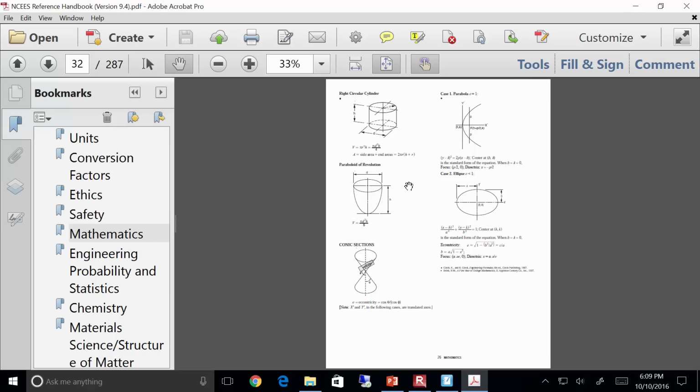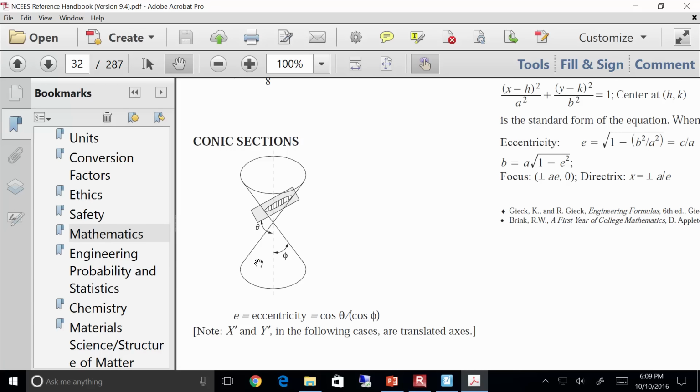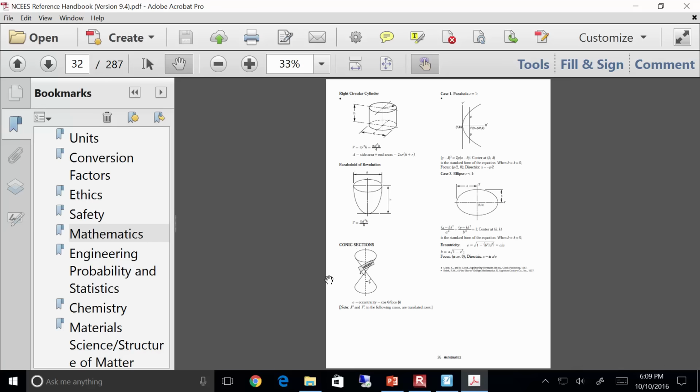Conic sections: most of your fundamental graphs can be represented by two inverted cones and a plane cutting through them. So you can get an ellipse, a hyperbola, a parabola, a line, all that.